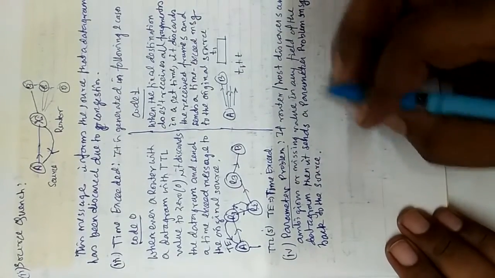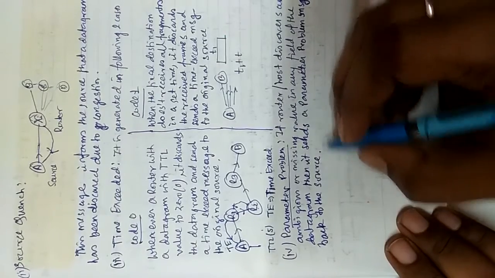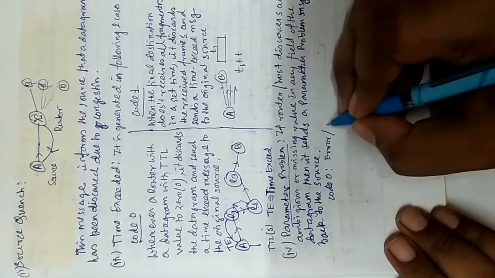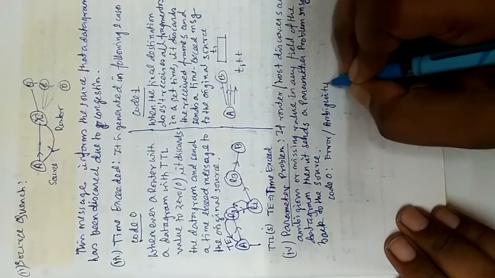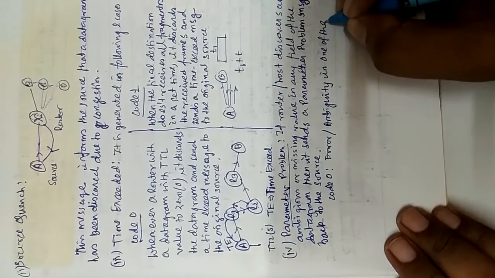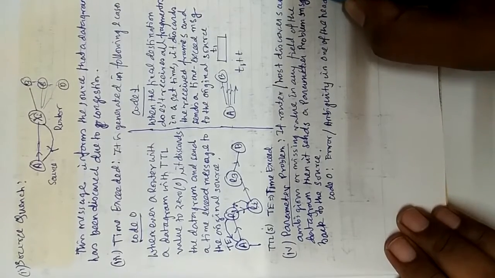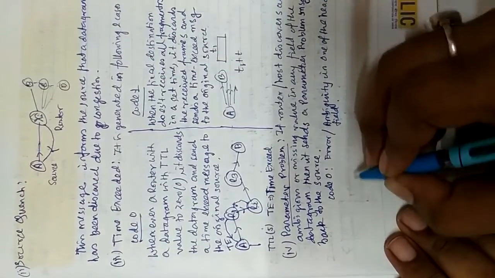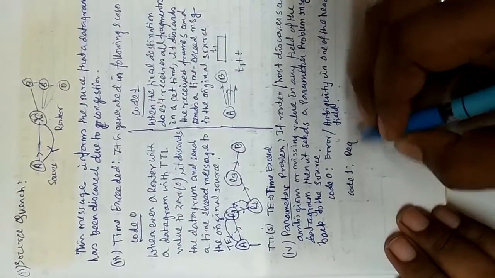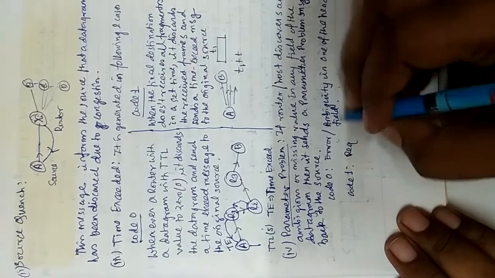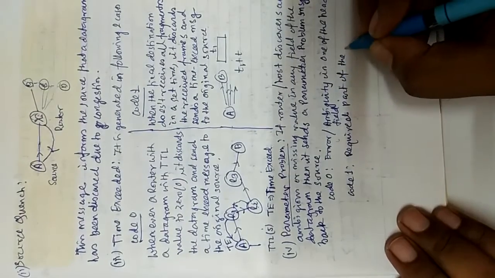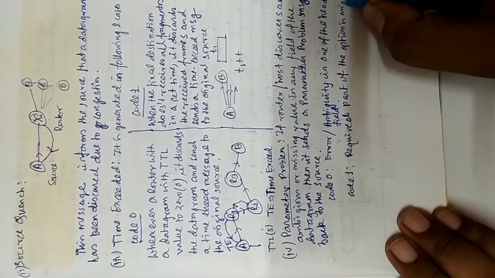There are two codes which I already told you. Code 0 is an error or ambiguity in any one of the header fields, and code 1 is that the required part of the option is missing.